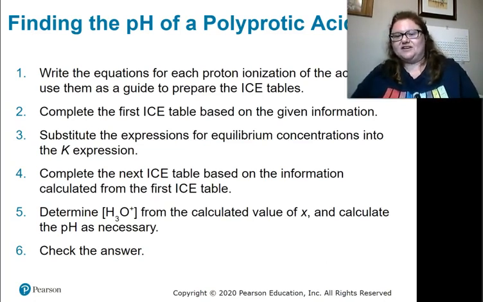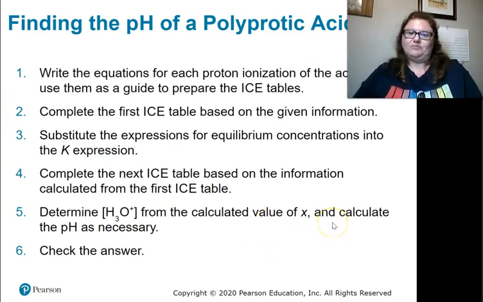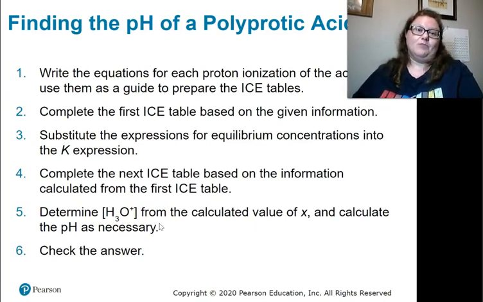So how do we find the pH of an acid that has more than one proton? It's the same procedure that we've been doing. We're going to get X, which is the hydronium concentration, right? But what we're going to need to do at the end is multiply the hydronium ion concentration by how many original protons were in that molecule.